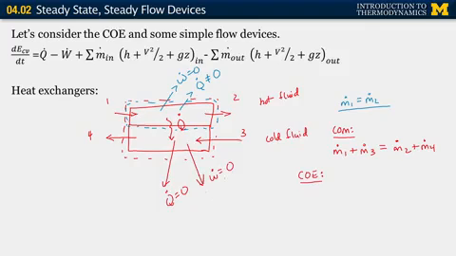And we're going to assume that there's no work transfer. And for these systems, they're going to have negligible kinetic and potential energy changes. So we're going to neglect the changes in kinetic energy and potential energy for heat exchangers. Right? That's not the purpose of the device.